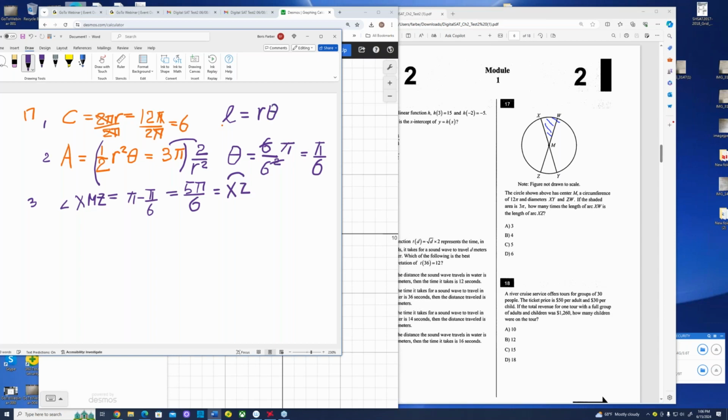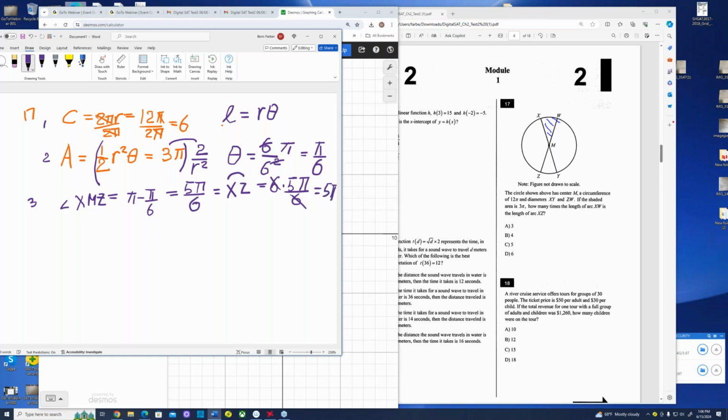R equals 6, and theta is, in this case, 5 pi over 6. Cancel, cancel. And this equals 5 pi.